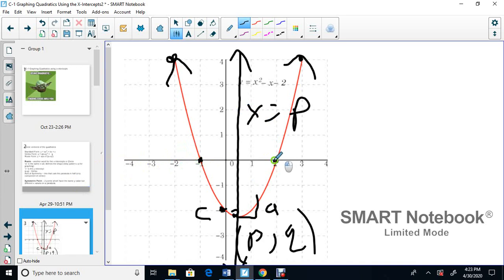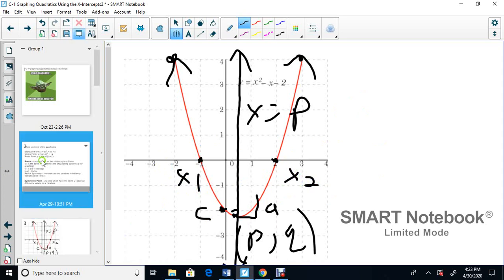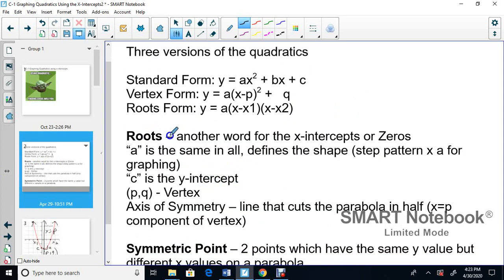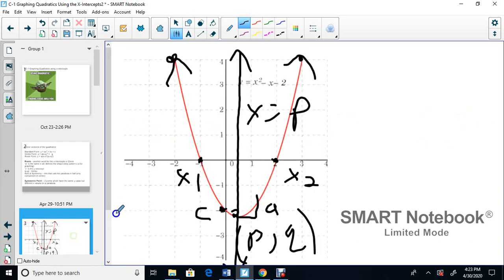There's one root, and there's another root. We'll call this one x1. It's in the formula, so x1 here, and x2. These are our two roots. This is one root, and this is a second root. So the roots are the x-intercepts, and we've got x1 here and x2 here, and note that they're opposite signs. Okay, so these are our two roots right here.